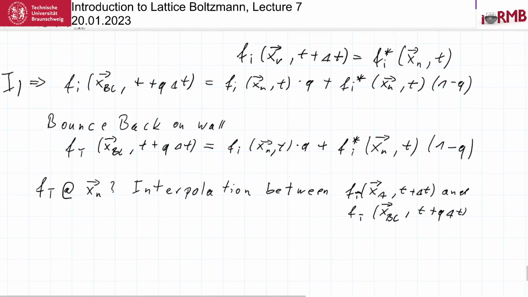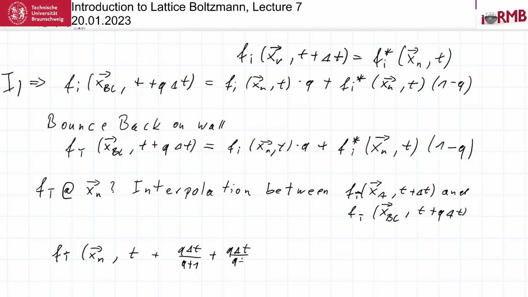And the way this looks in equation form, fi bar is xn, and t plus, so, okay, we are a lot over time. Therefore, I just take the freedom to write most of this down.